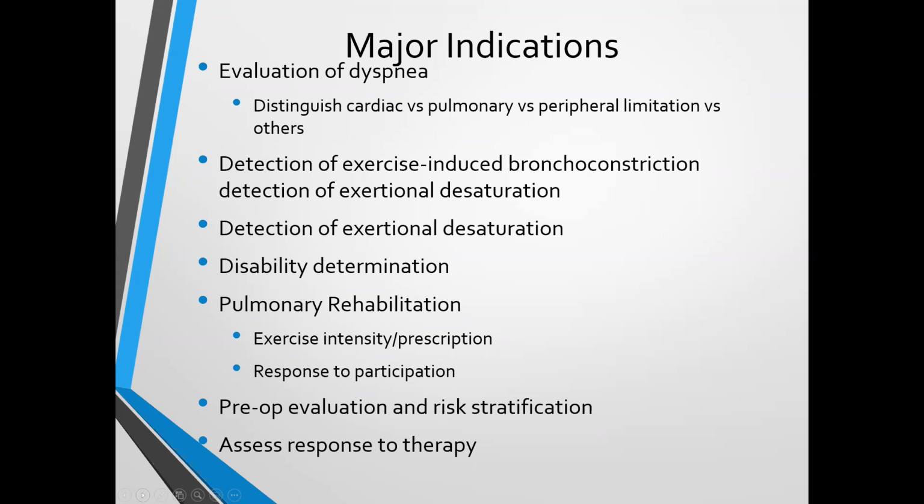Pre-op evaluation and risk stratification. So in some cases, it is to determine if an individual has bona fide pulmonary disease, okay, and let's just say you have an individual who has moderate COPD and another individual that has severe COPD.